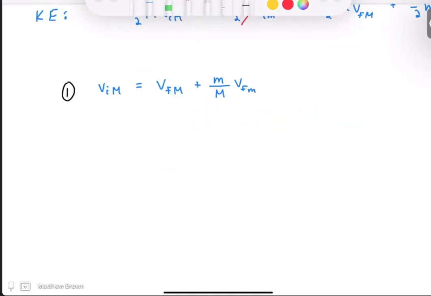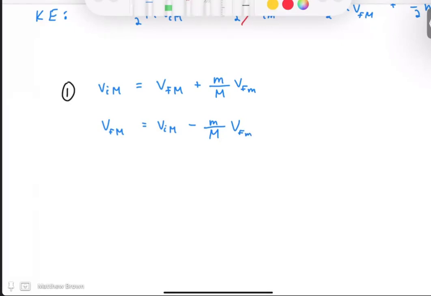And just because I'm probably going to want V final later, you can basically move this term here over to the other side, which leaves V final of big M equal to V initial of big M minus little m over big M times V final of little m.